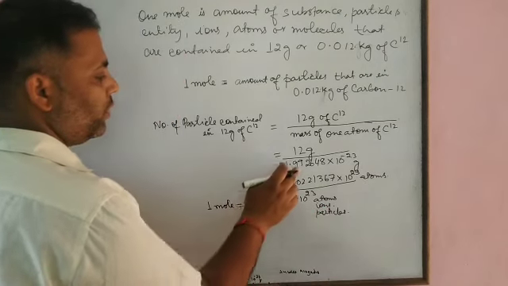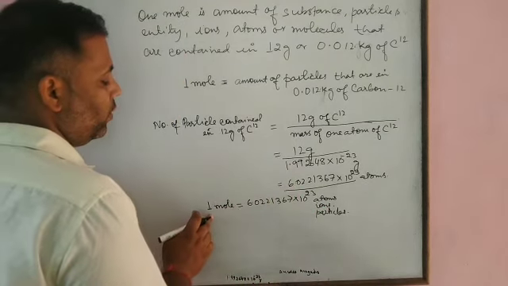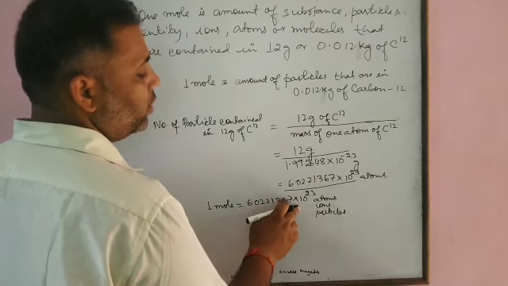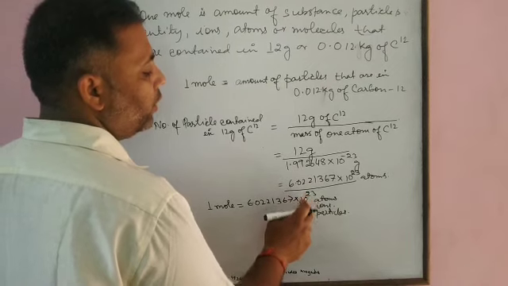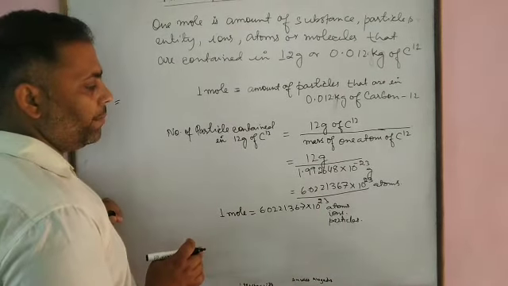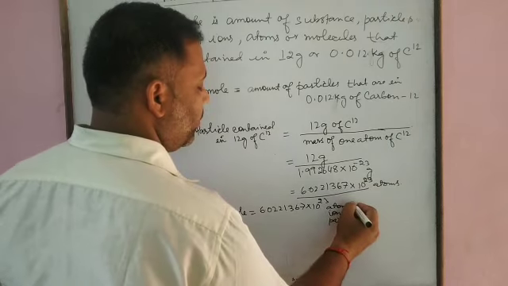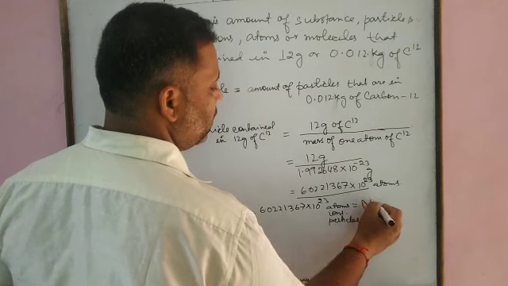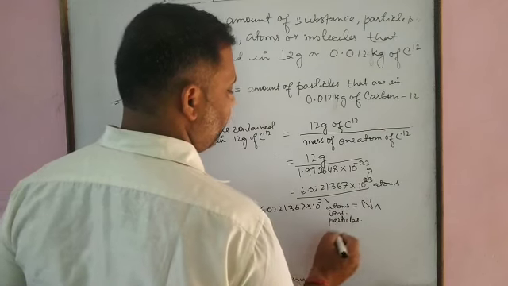We determine 1 mole is equal to 6.022136 into 10 to the power 23 atoms, ions, particles, molecules, whatever it may be. It is also termed as Avogadro number, and it is represented as Na.